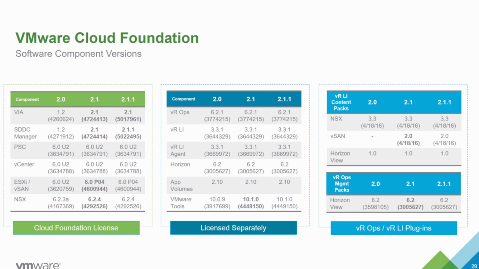So the software components give you an idea of what's out there and what lifecycle management will do for you. Cloud Foundation licensing includes the imaging appliance, the SDDC Manager, your vCenter and your Platform Services Controller, really one but deployed as multiple VMs, your ESXi and your vSAN and your NSX. Those are all part of the Cloud Foundation license when you buy the license from your reseller.